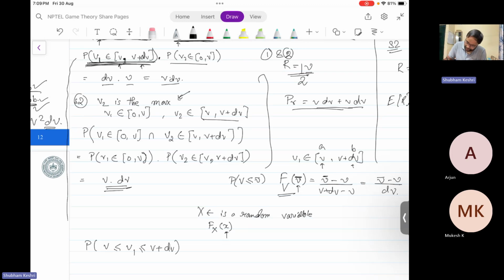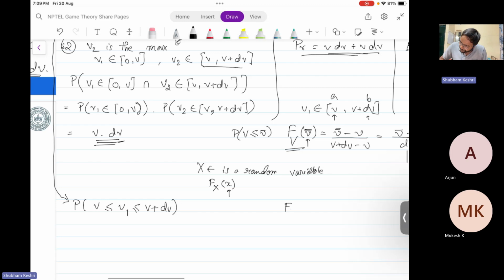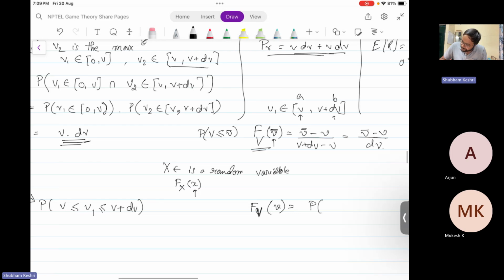This and this are same. Are both the two things same? Yes. Right? And what is this capital V? This is capital V and small v. What is this? This is probability V is less than or equal to, over here it is V1, so I'll just add V1 is less than or equal to small v. Is this all right? This is distribution. So distribution is given by this expression. Is this all right?